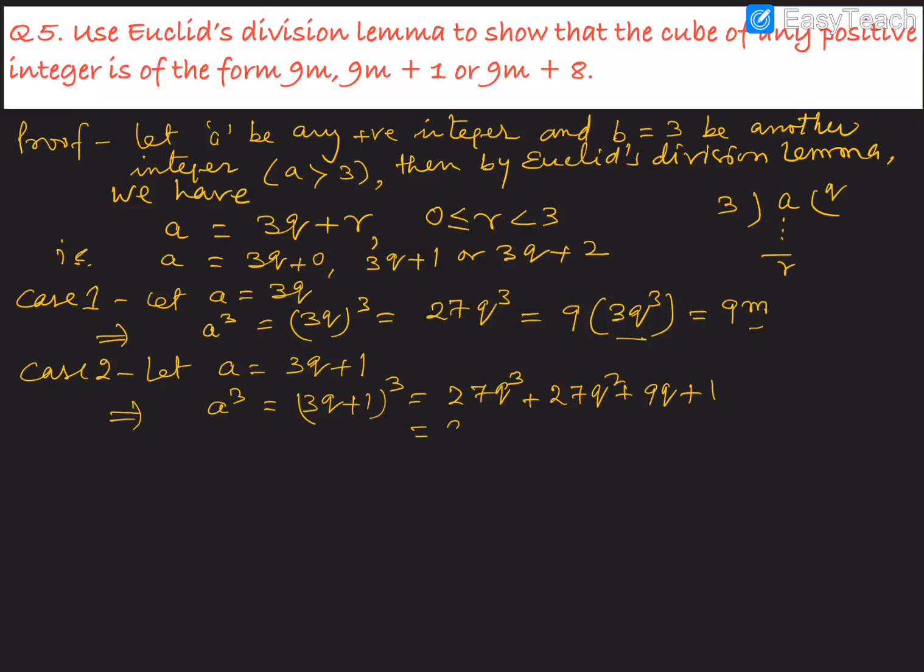By taking 9 common, we have 9 times 3q cube plus 3q square plus q, plus 1, which can be expressed as 9m plus 1, where we have taken m as 3q cube plus 3q square plus q.